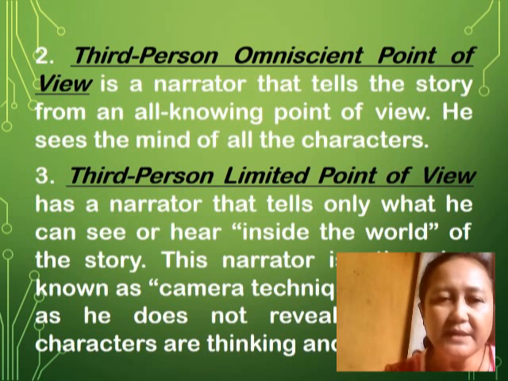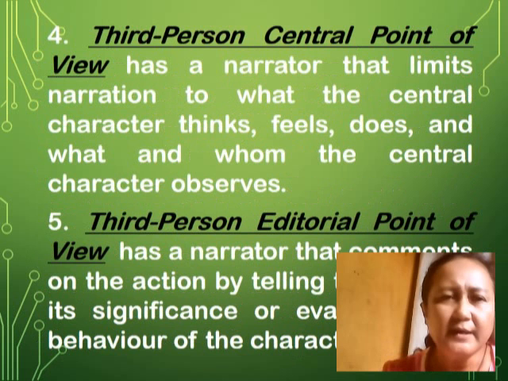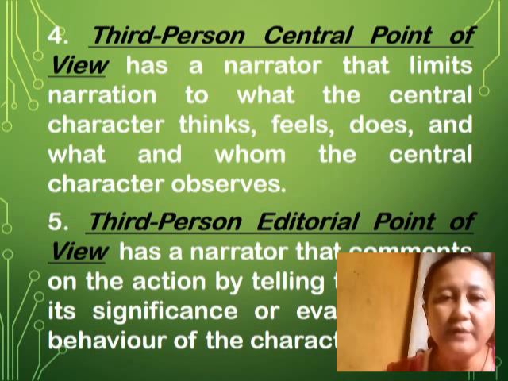So he reveals the mind of a particular character. And the third person central point of view. So the narrator here limits to what the central character thinks, feels, does, and what and whom the central character observes. So it is focused on the central character of the story.